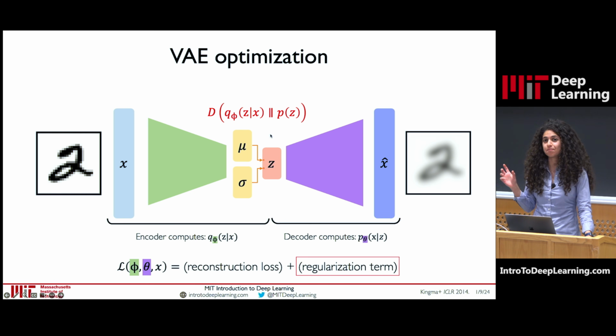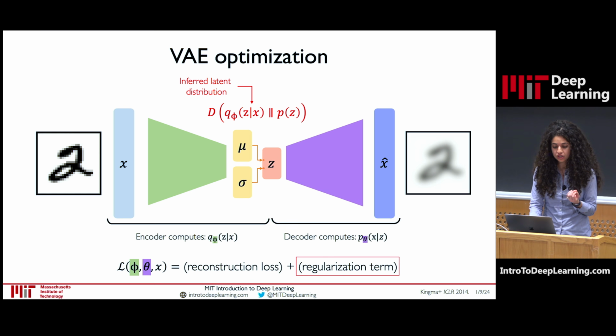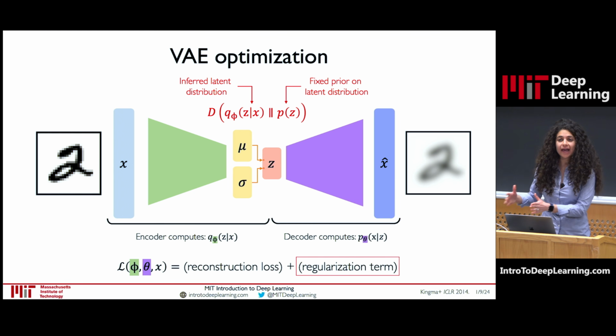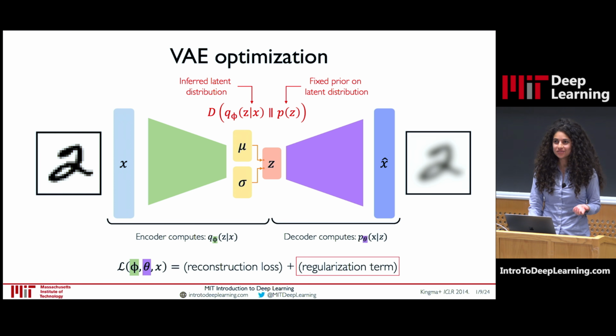How close does it match our assumption about, let's say, a normal distribution? And the concept here is that it's capturing the distance between the learned distribution, the inferred latent distribution Q, and some prior we have, some guess we have about what those latent variables should look like. Now the question comes, how do we choose that prior?